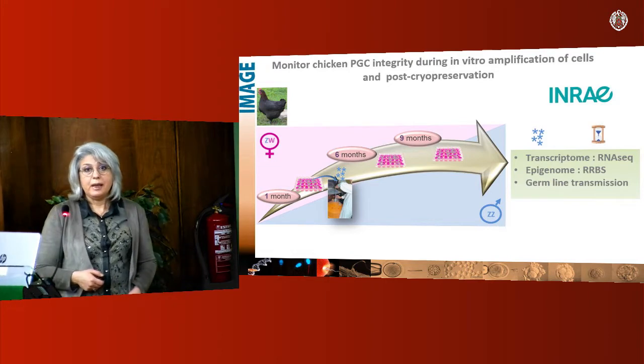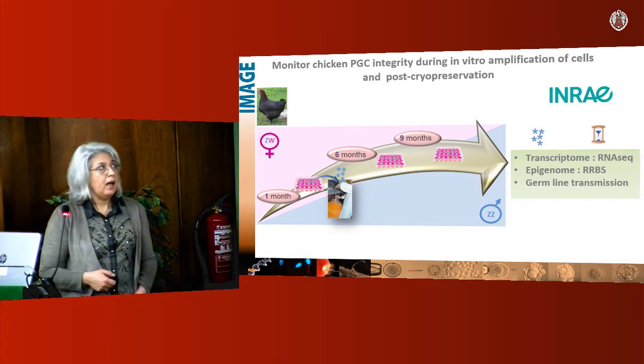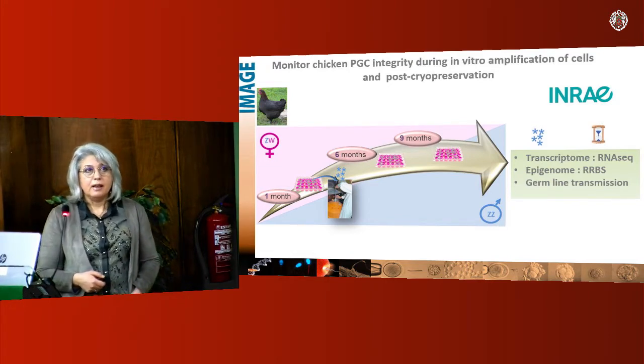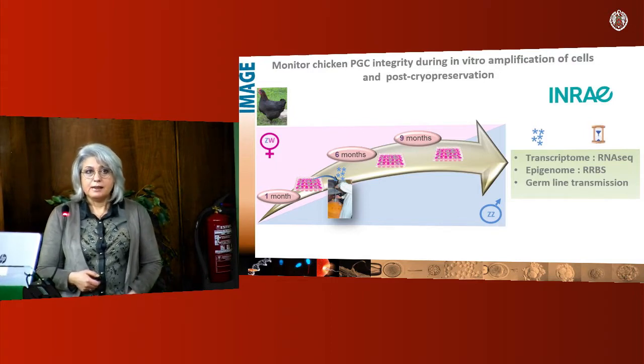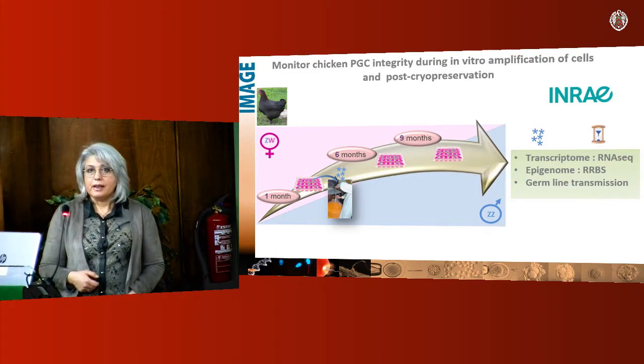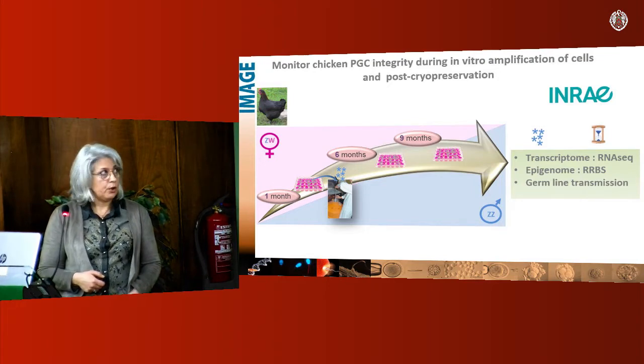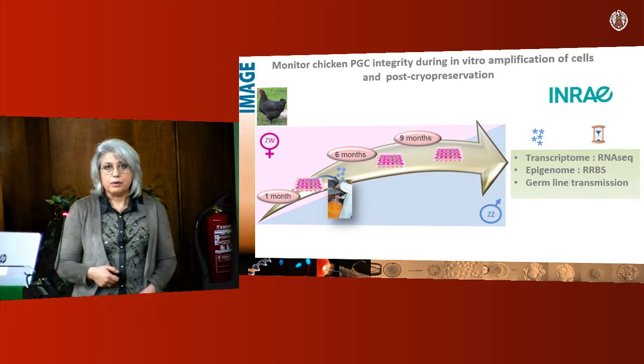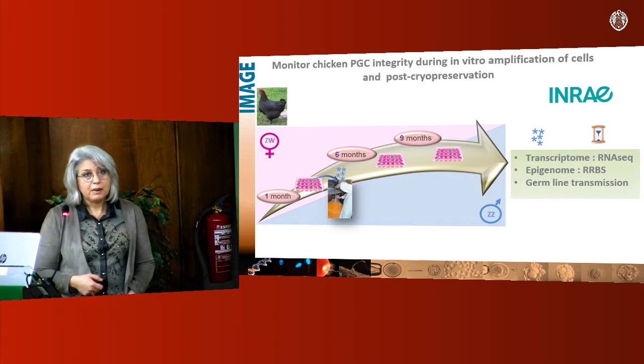So we addressed this question, and we studied the impact of long-term 6-month and 9-month in vitro culture compared to 1-month in vitro culture on the gene expression in our primordial germ cells, and also on DNA methylation and germline transmission.